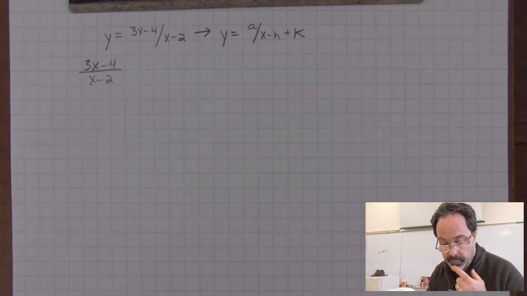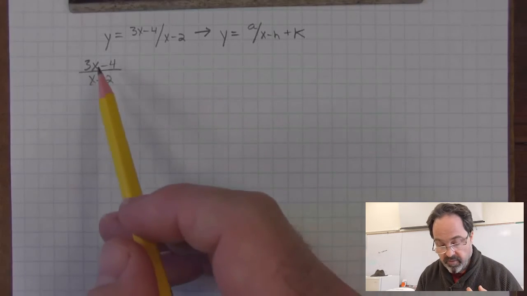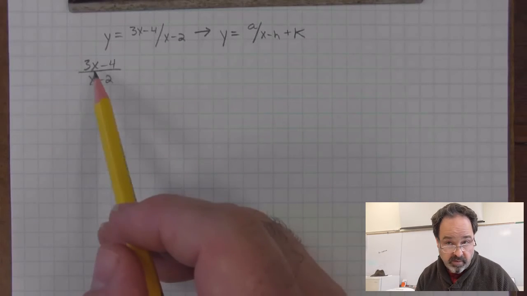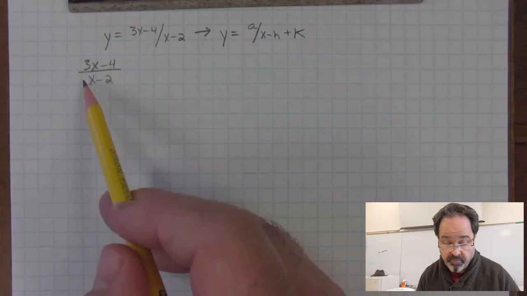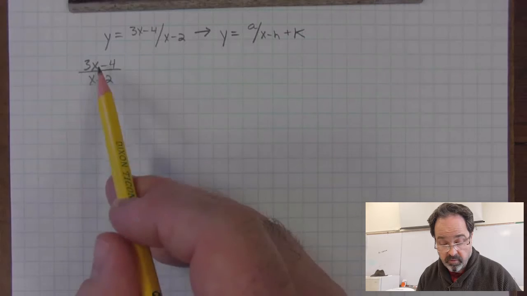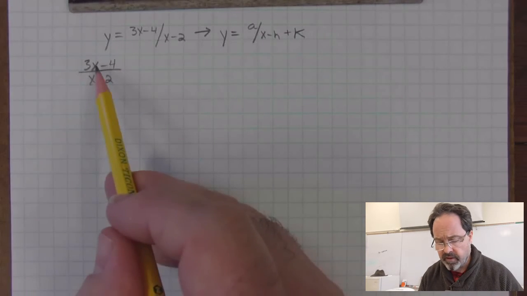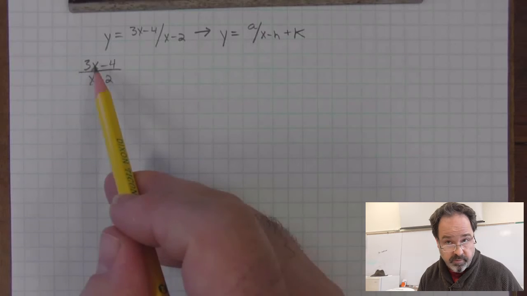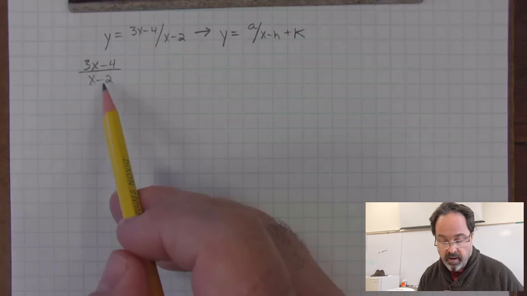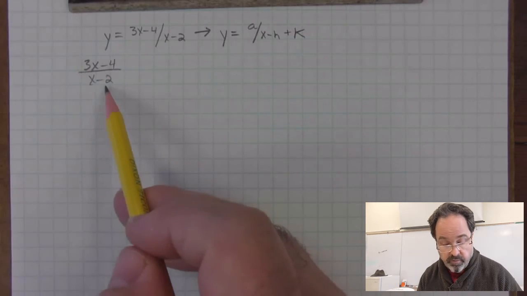How can that be done? Well, the x term is 3x in the numerator, so I'm going to have to factor out the 3 in order to change it into just a 1x. But when I factor out the 3, I have to anticipate that I'm going to produce a negative 2 as well.